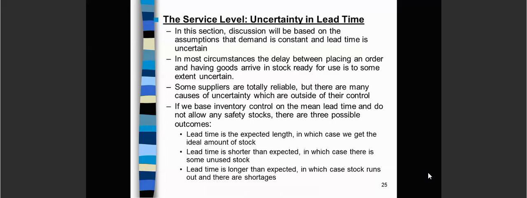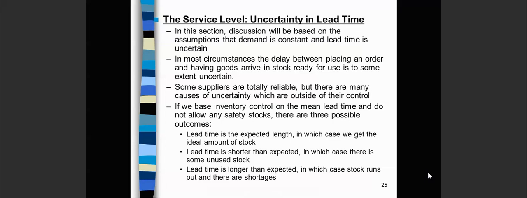stock. Maksudnya di sini kalau kita mempunyai lead time yang jelas dan tepat kan, maka kita akan mempunyai jumlah inventory yang secukupnya seperti yang kita rancang. Tetapi if the lead time is shorter than expected, in which case there is some unused stock. Maksudnya di sini sekiranya kita jangkakan lead time tersebut adalah 5 hari.